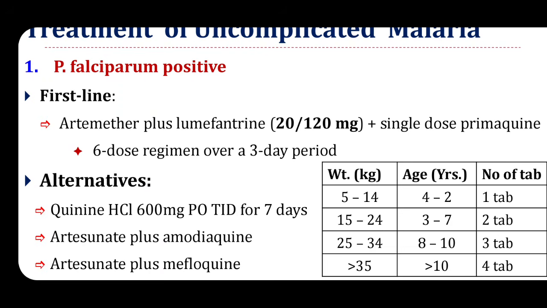When the patient's age is 4 months up to 2 years and the weight is within 5 up to 14 kg, it takes 1 tab PO BID for 3 days. If the weight range is 15 up to 24 kg and the age is 3 up to 7 years, 2 tabs PO BID for 3 days.